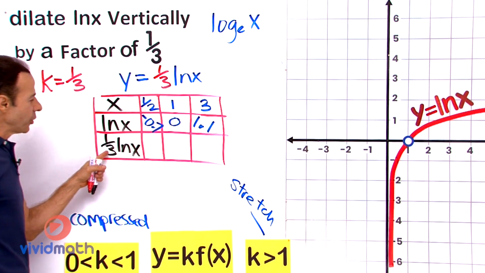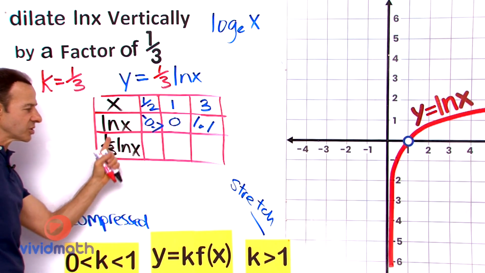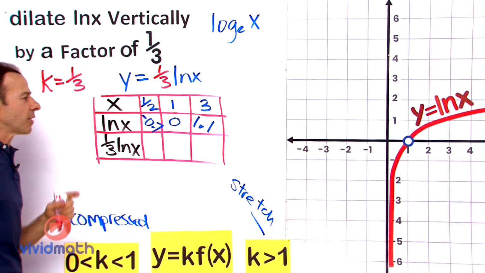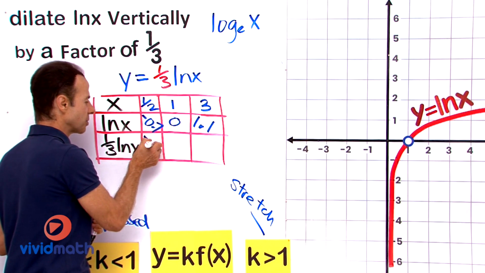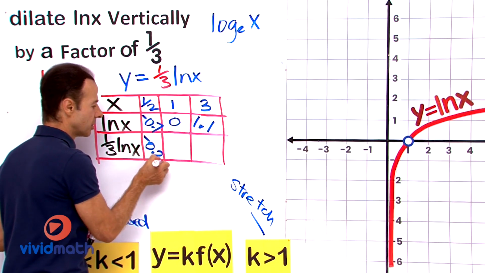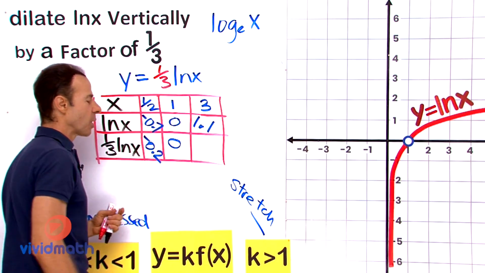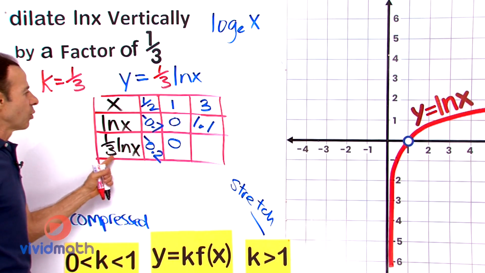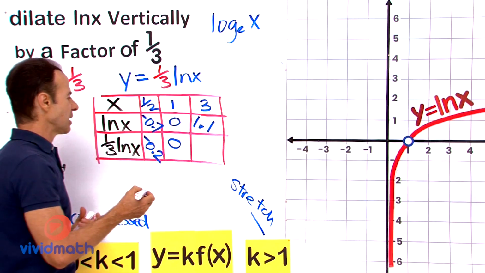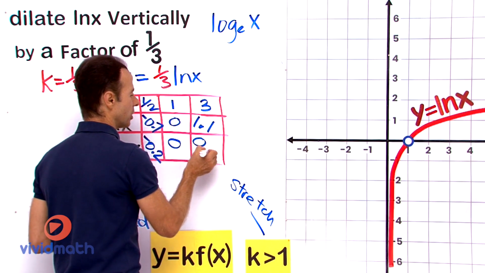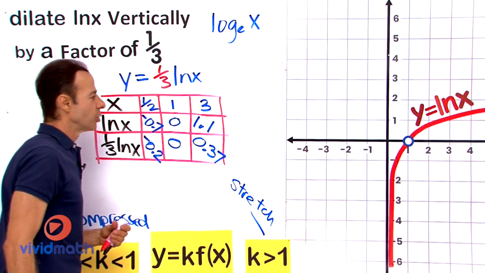Okay, let's put 1/3 in front. Let's multiply all of these values of ln x by 1/3 because it's a constant right in front. So 1/3 of 0.7 is going to be approximately negative 0.2. 1/3 of 0 is still 0, so they both cut through (1, 0). And then 1/3 of 1.1 will be 0.36 or 0.37. Let's round it up, 0.37.